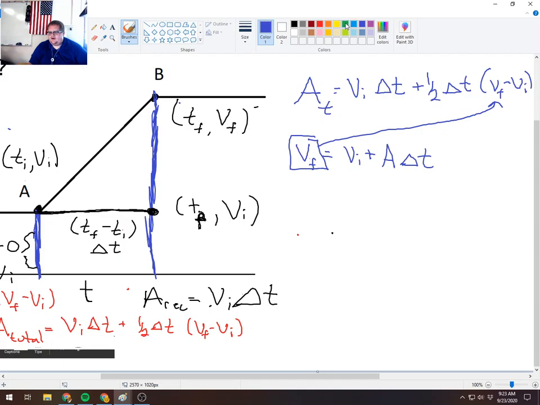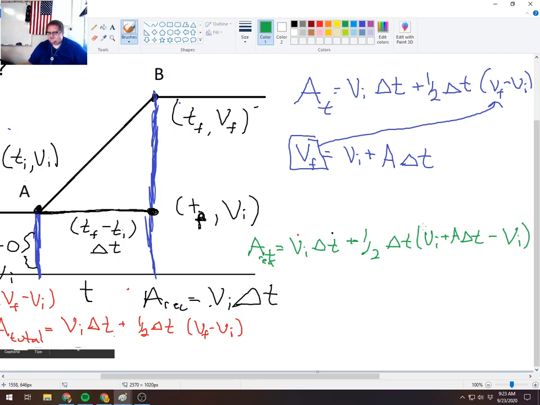So let me rewrite it all over. Maybe this time I'll use green. I'll need a little bit more space. So the total area here, and I want to make sure you're clear this is area, not acceleration, is going to be VI times delta T, that's not going to change, plus 1/2 delta T times, instead of writing VF, I'm writing VI plus a, acceleration, delta T, minus VI.